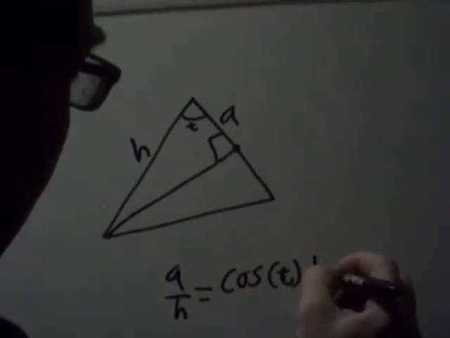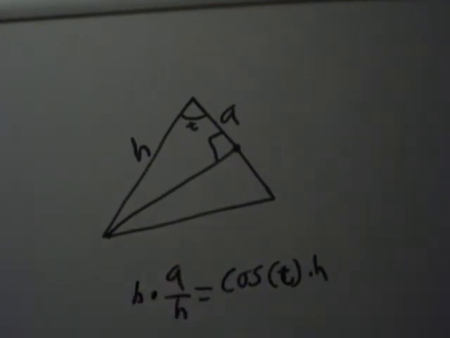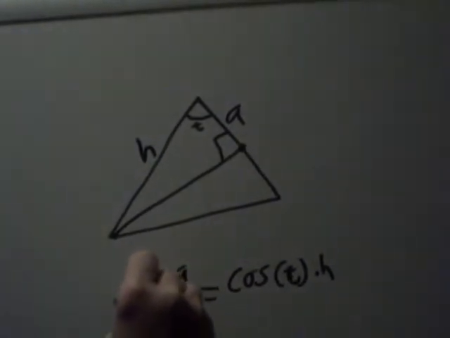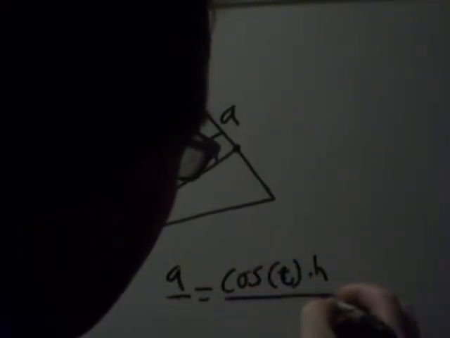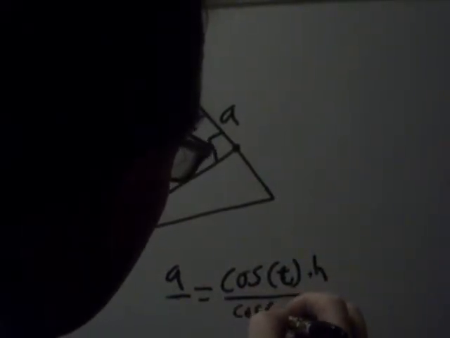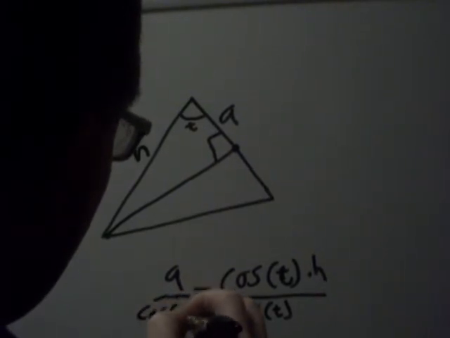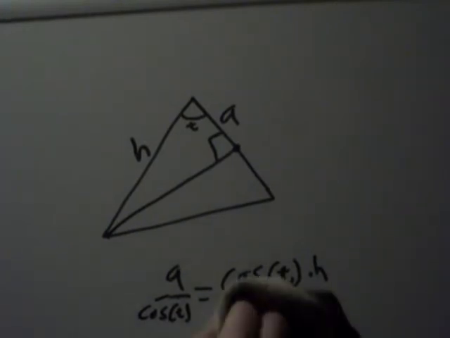You'll multiply this by H. That'll remove these H's. And then you'll divide both of these by the cosine of t. And then when you do, you'll eliminate these two terms.